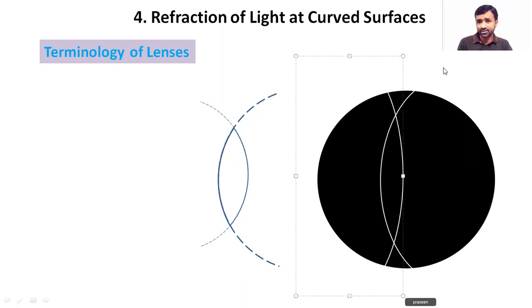Now look at only the part with this red shaded region. Is it looking like a lens or not? This highlighted part.